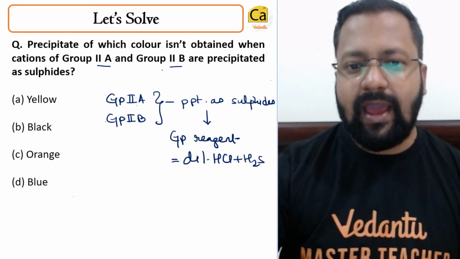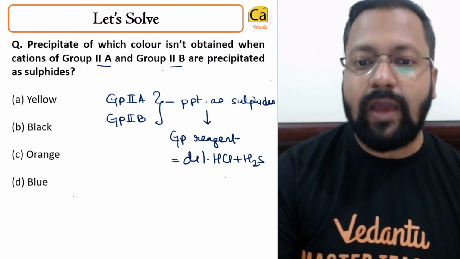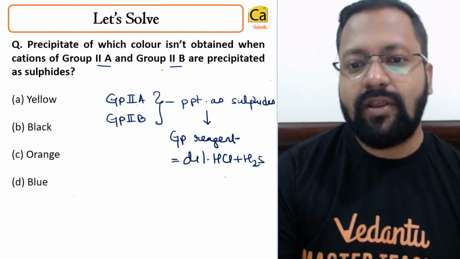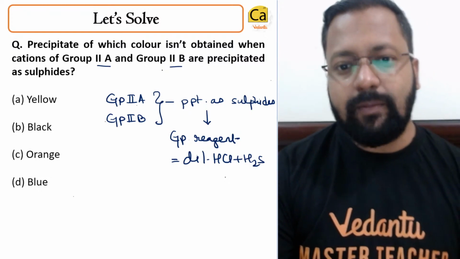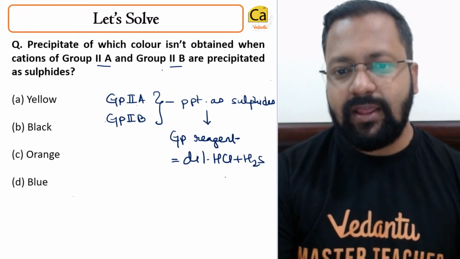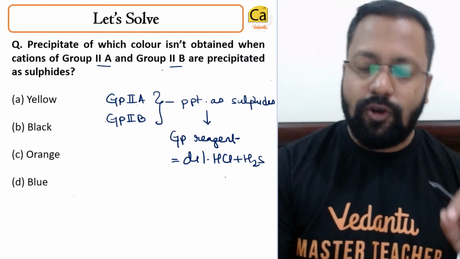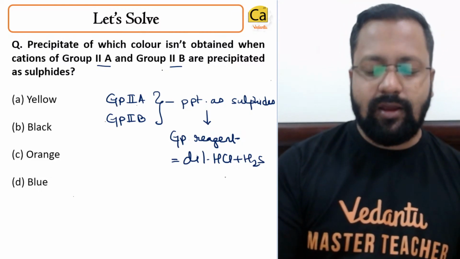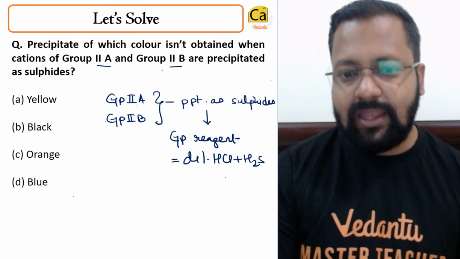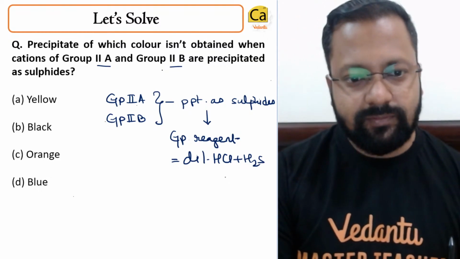If you have a clear idea about this, maybe you will be able to answer the question very easily. But to know this, you need to have a clear-cut knowledge of these cations and the respective oxidation states in which they are present.